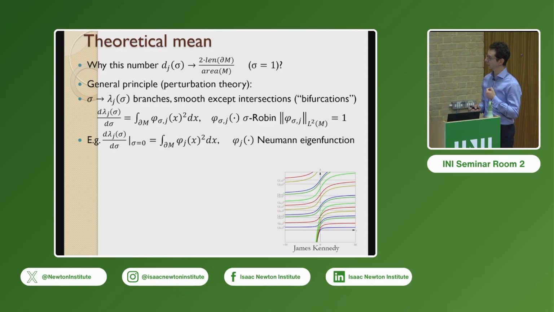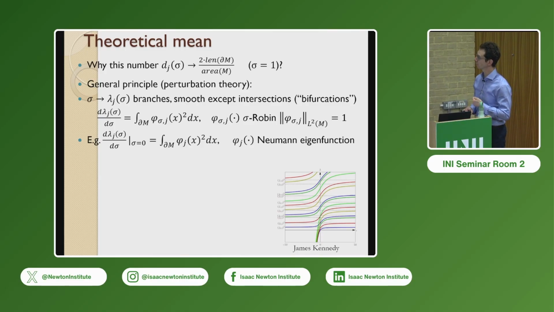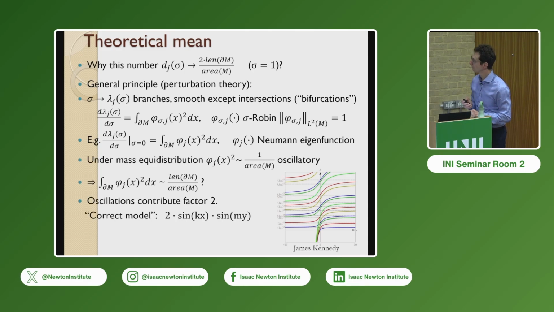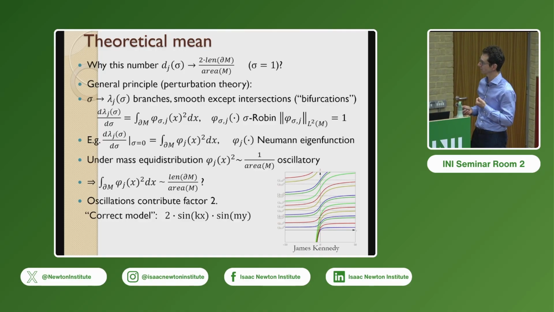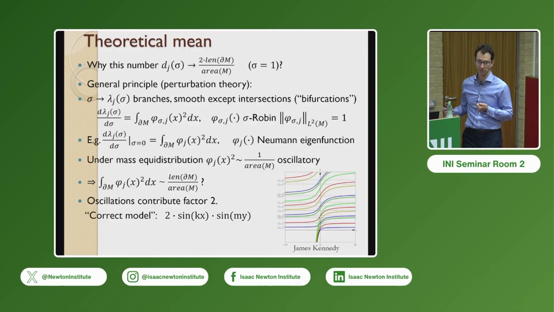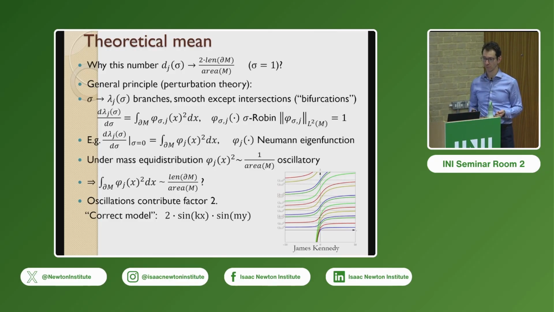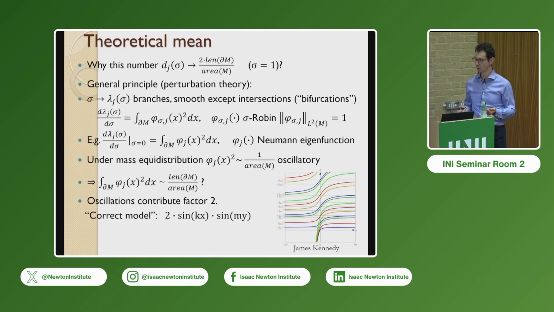So we can still apply the fundamental theorem of calculus. The derivative, in all those points that are not bifurcation points, is the integral of the corresponding eigenfunction squared on the boundary. Now let's assume for a sec that there is a mass equidistribution of those eigenfunctions, as asserted by quantum ergodicity or quantum unique ergodicity.